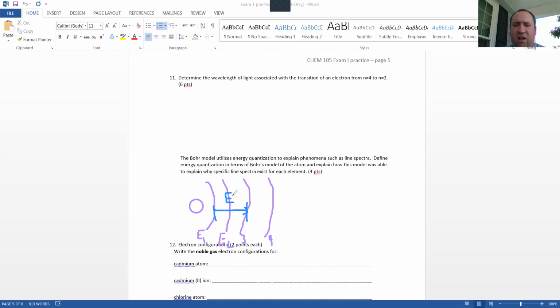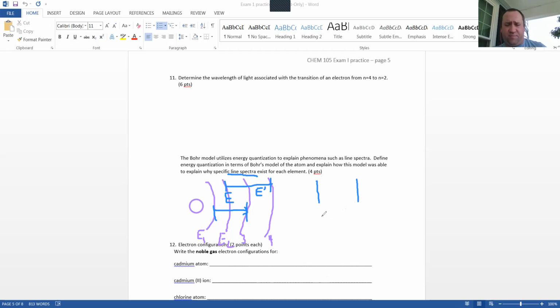And that set amount of energy exists in the form of the line spectrum. This particular gap of energy represents one line on the line spectrum, and a different energy gap would represent a different line on the spectrum.